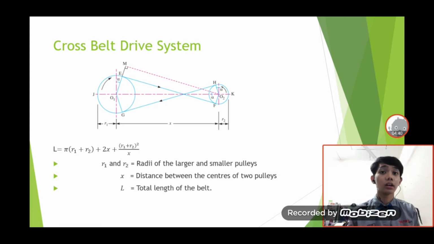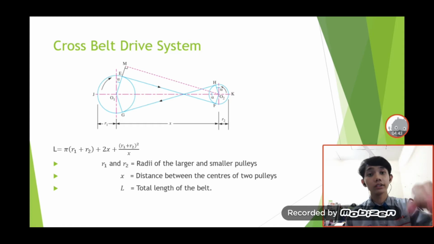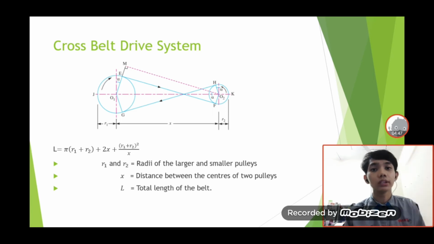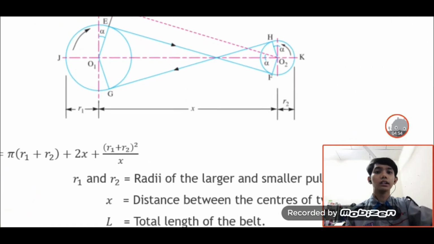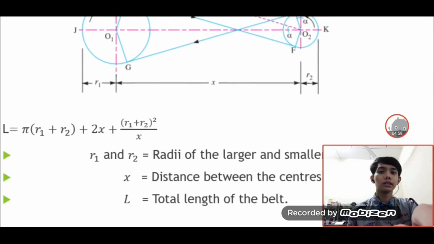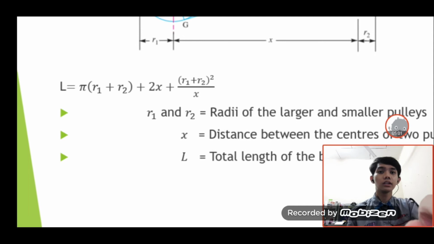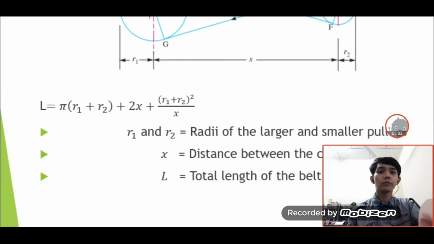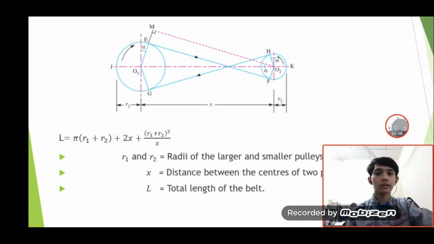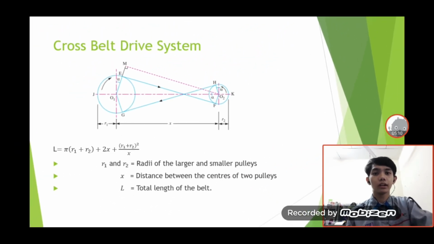That means if the first pulley rotates clockwise, the second pulley will rotate anti-clockwise. The equation is still the same, but the only difference is at the negative signs. As you can see, all of the terms in the formula for the cross drive system are positive. The variables are still the same: radius 1, radius 2, and x.